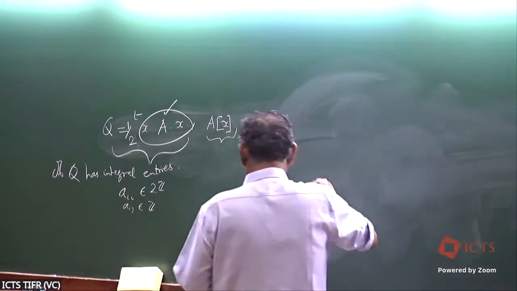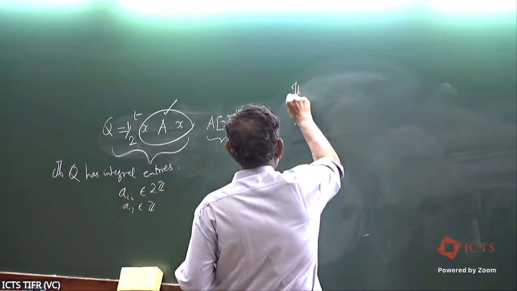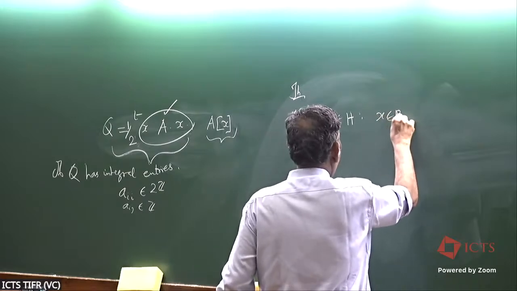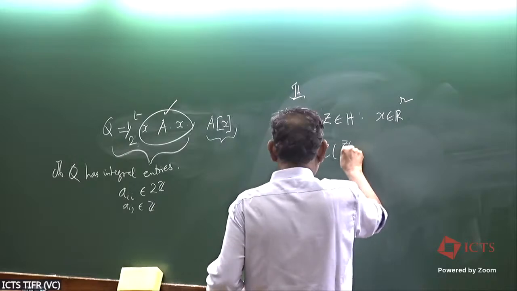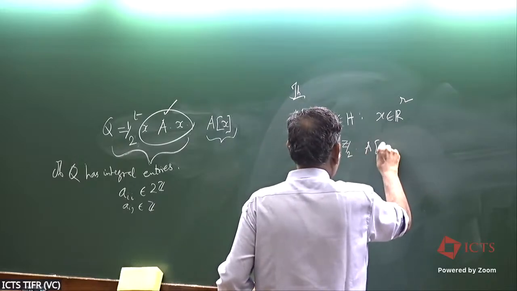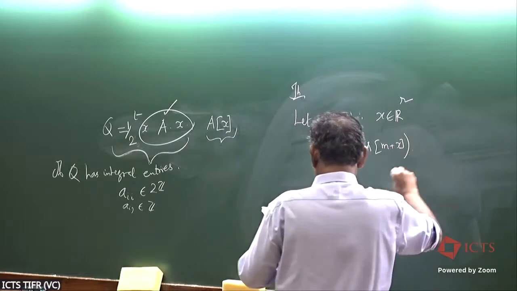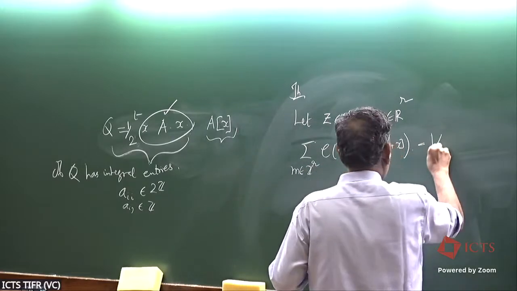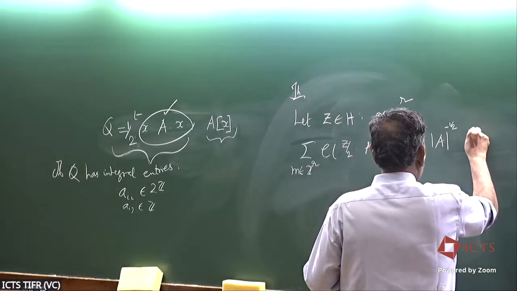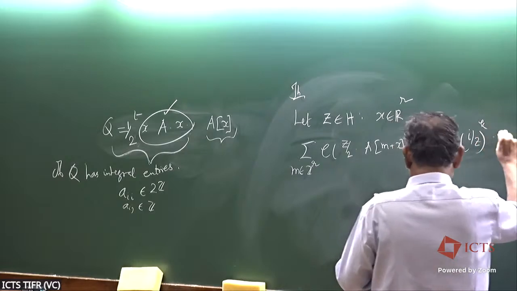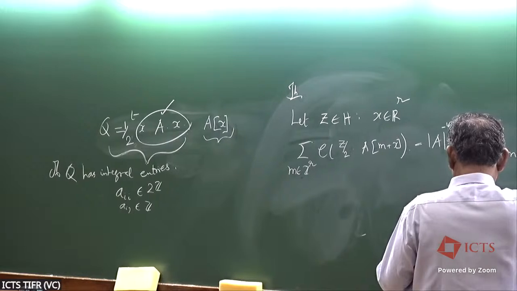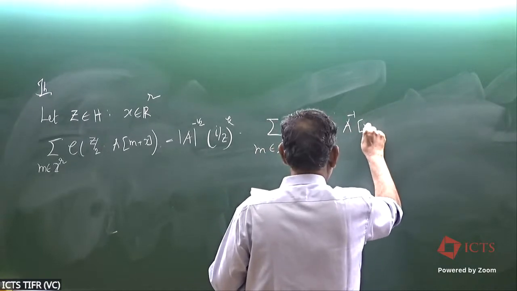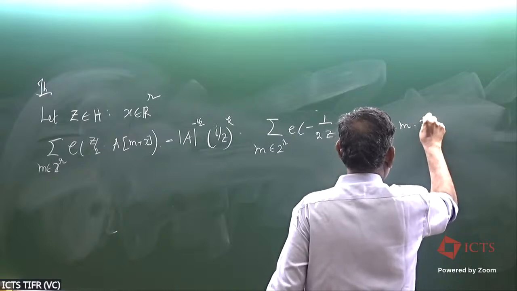Again, I'll be proving only for... okay, let Z belong to the upper half plane and x in R^r. Then the summation, of course over m in Z^r, of e(Z/2 · A(m + x)) is equal to determinant A to the power minus half, times (i/Z)^k, which I have not defined yet, times the summation over m in Z^r of e(-1/(2Z) · A^{-1}(m) + m·x).